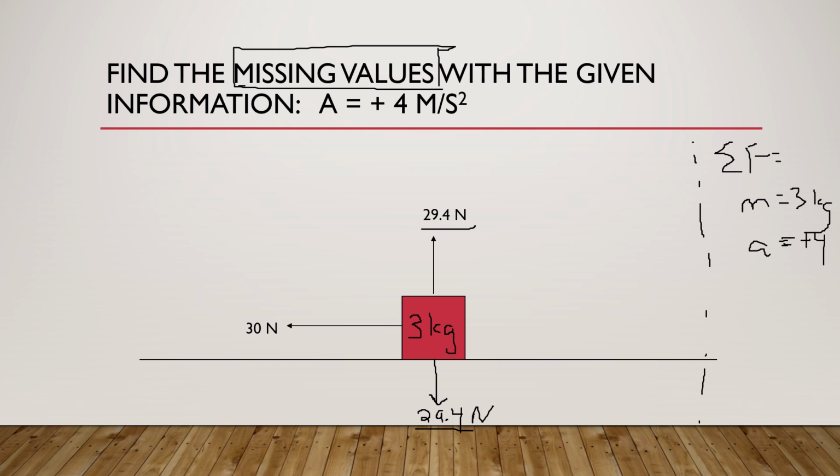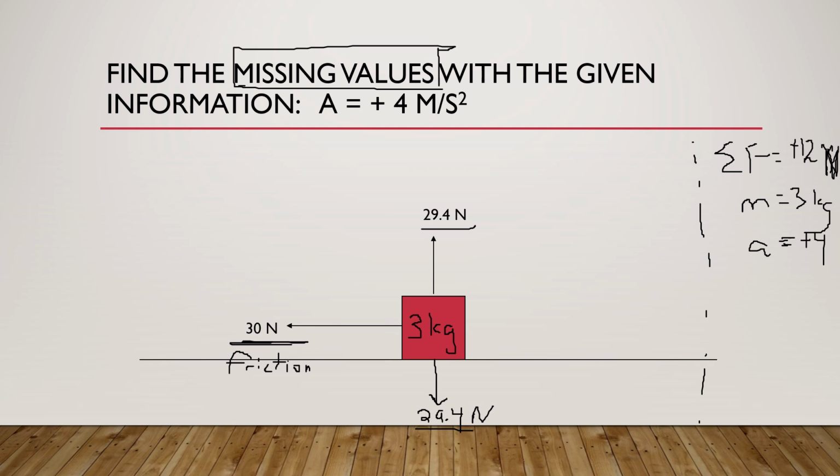Okay, so hold on. If the acceleration is positive 4, is the 30 here the friction or the push? It's got to be the friction, because if it's going right, the arrow to the left must be the friction. The net force is 12. 3 times 4 is 12. Oh, wrong unit, sorry, 12 newtons.